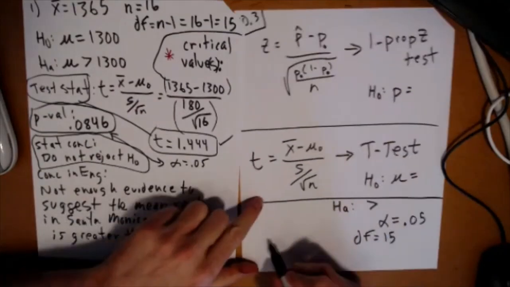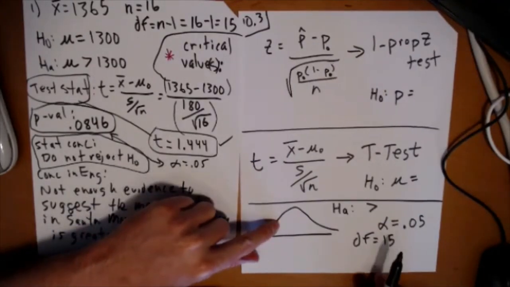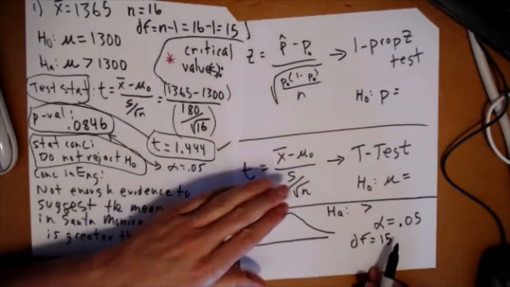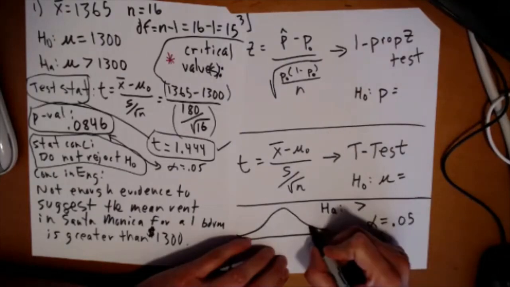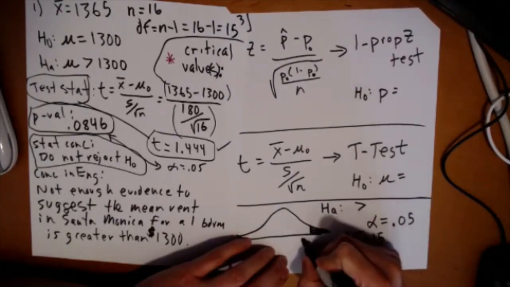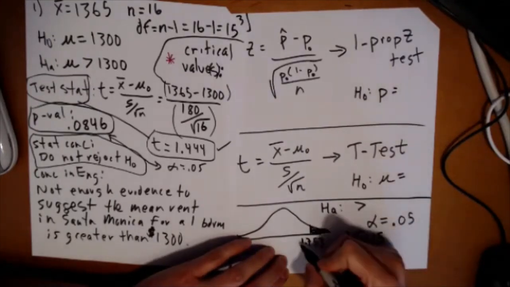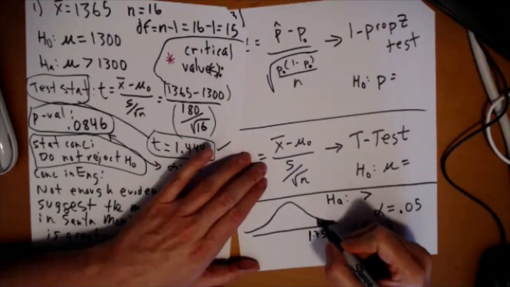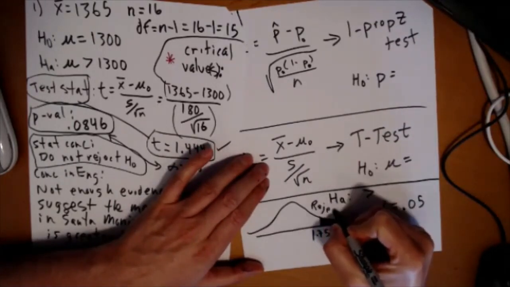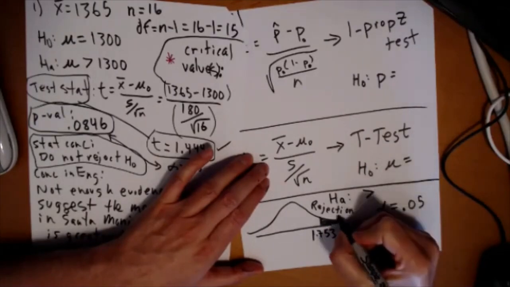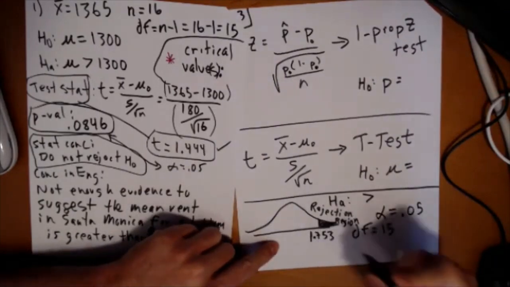1.753. So if I draw a picture of it, remember, the T doesn't exactly look like a bell curve. It's as if you get a bell curve and you squish it down. So it's squished down, and we should see the number 1.753, and it's on the right side. So if I shade this, 1.753, and remember that we called that shaded region the rejection region, just like we used to before, and we're wondering if we land inside that rejection region.